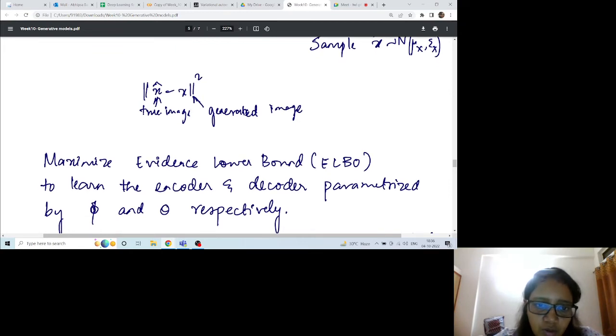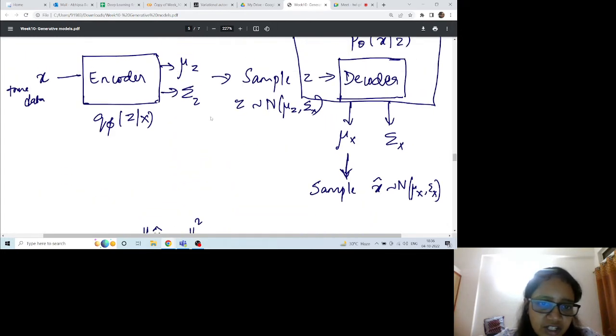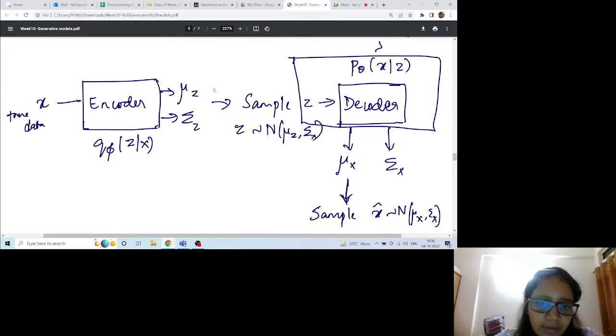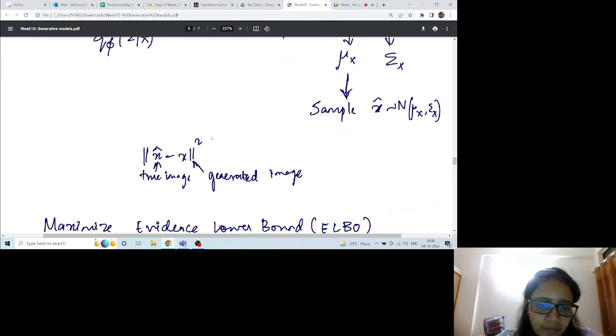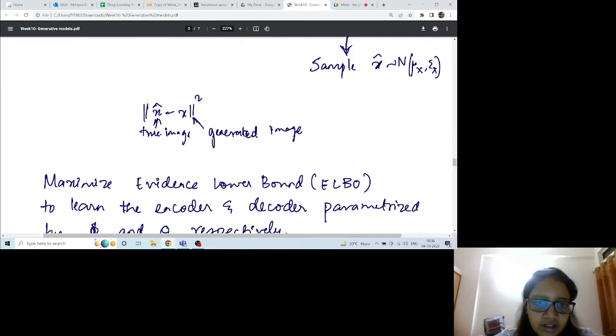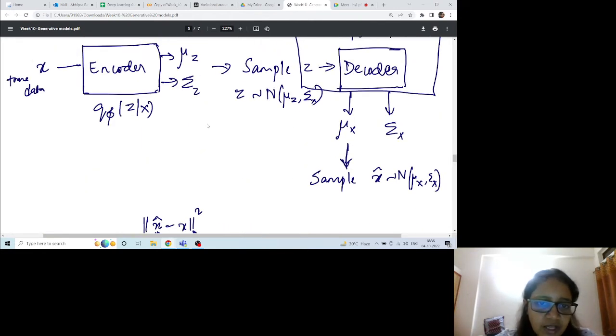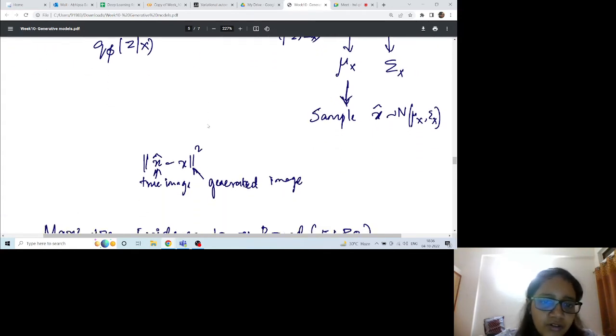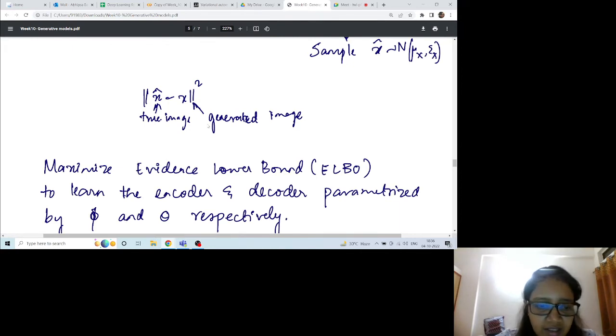This was enough for autoencoders, where you did not have any restrictions on the latent vector z. Now, in variational autoencoders, you have put a restriction. Remember that this z has to be sampled from a Gaussian. This z is not just any vector in the vector space. It has to be sampled from a Gaussian with a certain mean and variance.